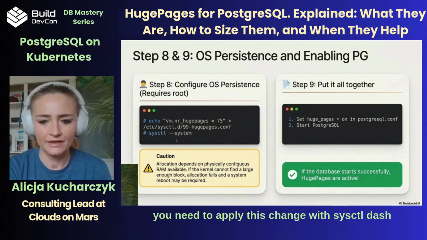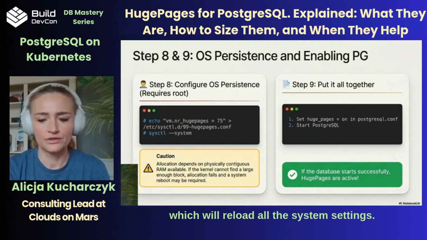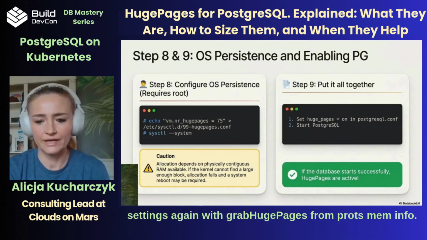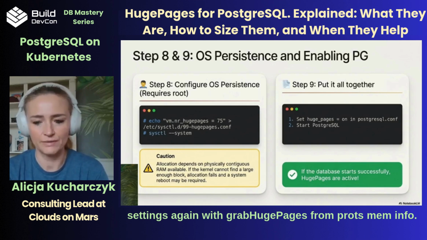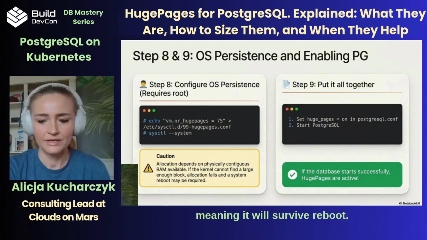And then you need to apply this change with sysctl --system, which will reload all the system settings. And after that, we need to verify the settings again with grep HugePages from /proc/meminfo. This makes the settings persistent, meaning it will survive reboot.